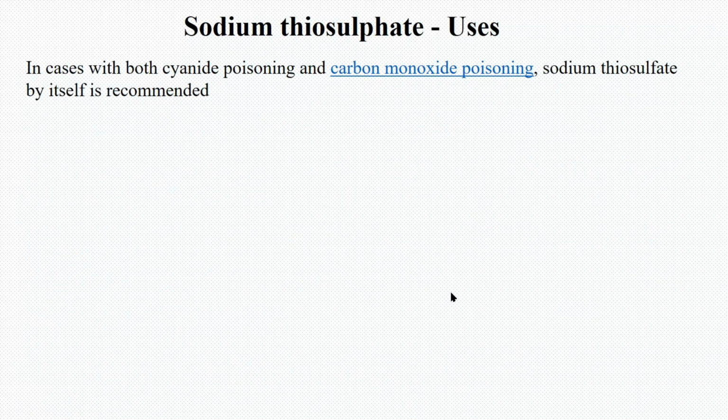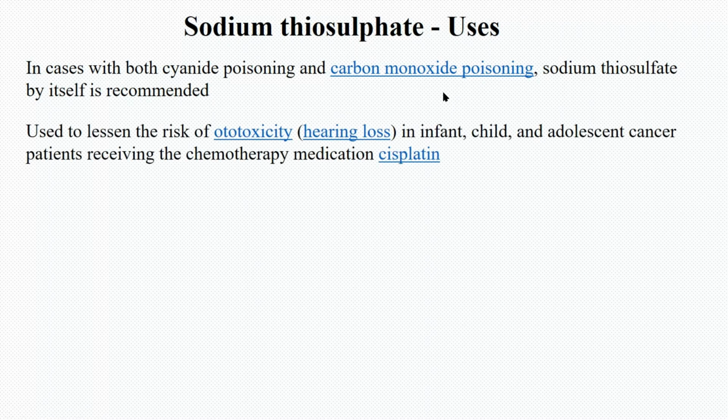Sodium thiosulfate can be used along with sodium nitrite in cyanide poisoning, and it finds its use when cyanide poisoning and carbon monoxide poisoning occur simultaneously, or it can also be used in carbon monoxide poisoning. The cisplatin, which is used as a chemotherapeutic agent for the treatment of cancer, causes ototoxicity.